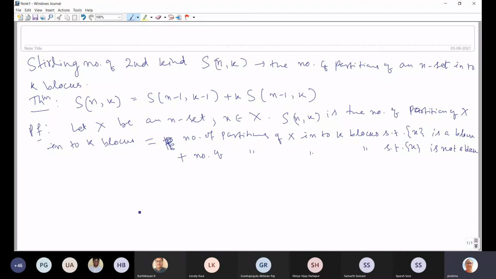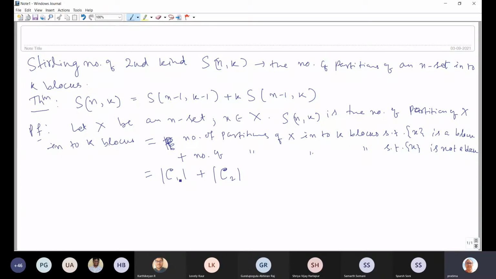The first part, let us take the cardinality of C1 and the cardinality of C2. C1 is the collection of all the partitions of X into k blocks such that the singleton set {x} is a block.